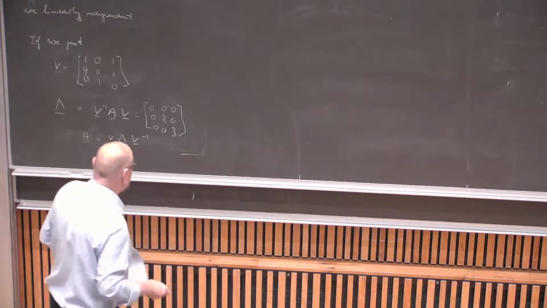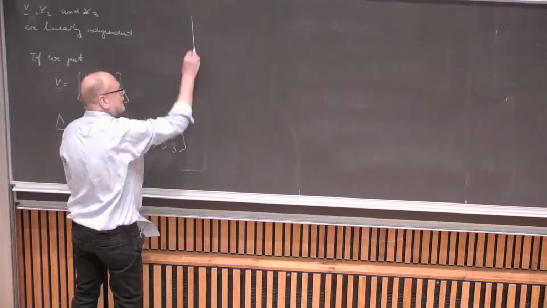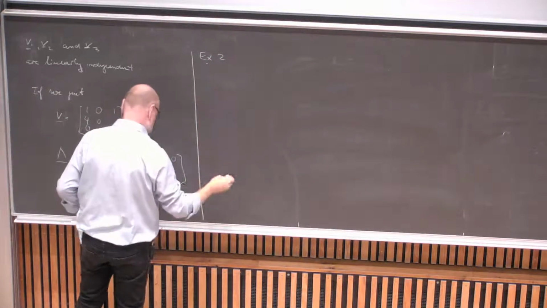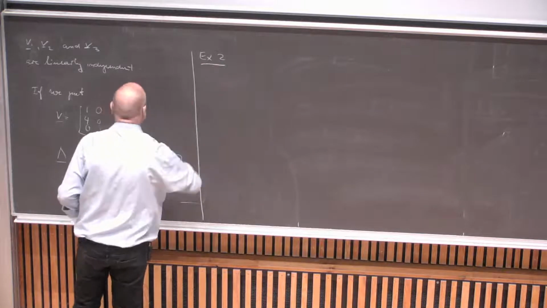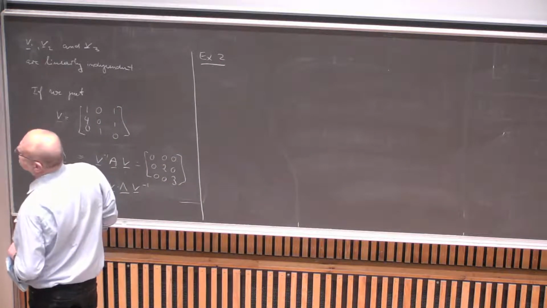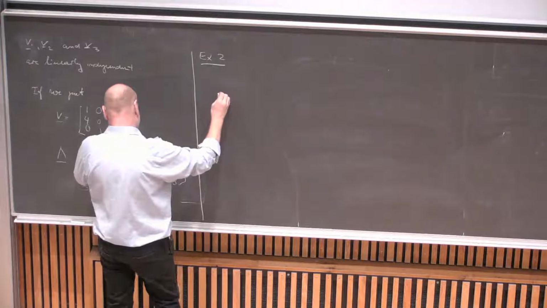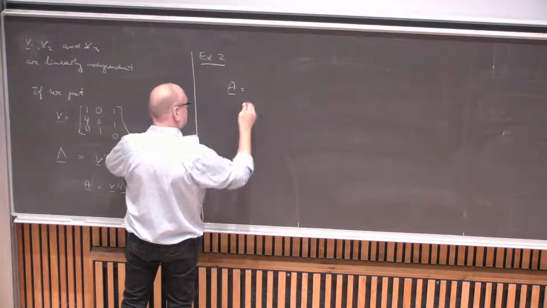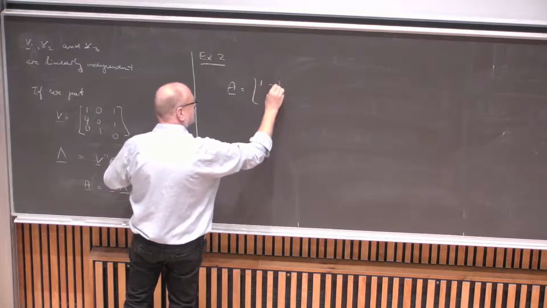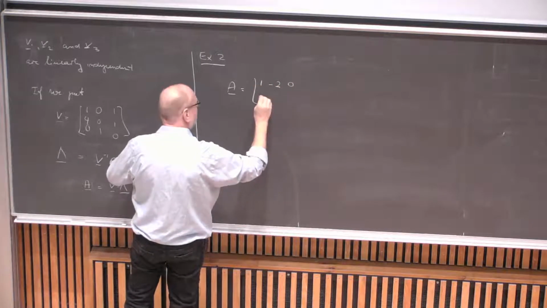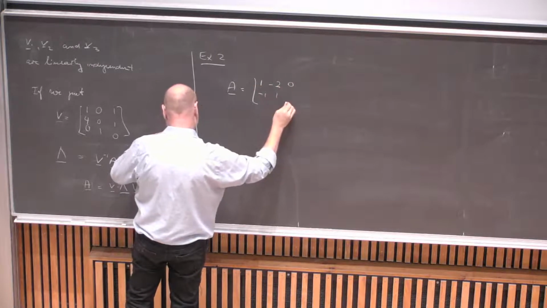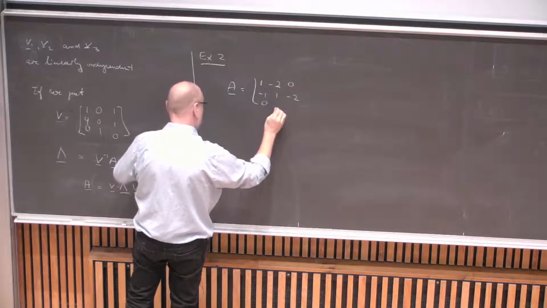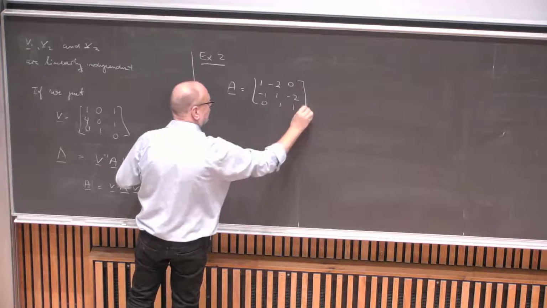Okay, let's take the second example. Example 2. We have A is, I have it here as well, 1, minus 2, 0, minus 1, 1, minus 2, 0, 1, 1.